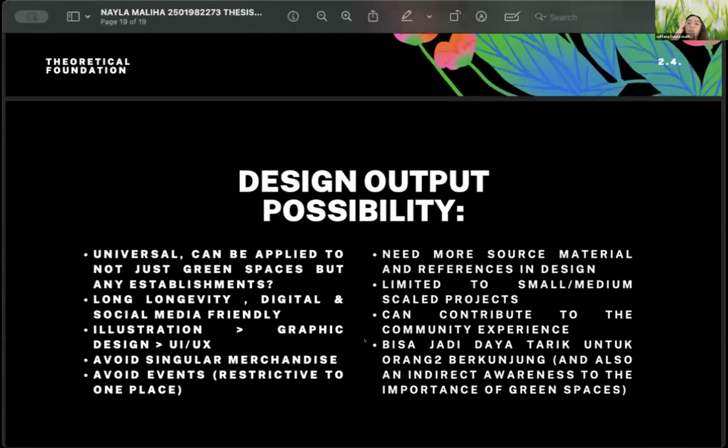For example, I would like the design solution to be something more universal that can be applied to not just parks and green spaces, but also any other places, shops, and malls as well.